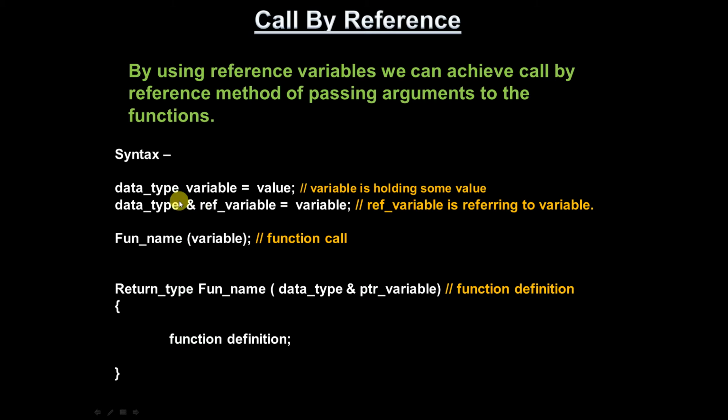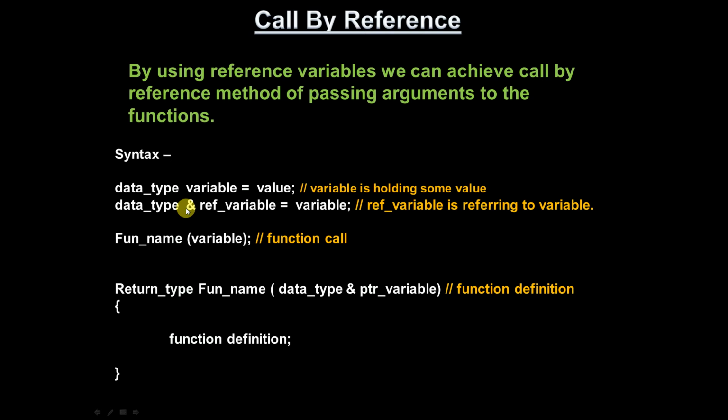This ampersand operator again shows polymorphic behavior. In the case of pointers, when it comes on the right hand side, the ampersand behaves like an address of operator, but here it behaves like a reference operator.